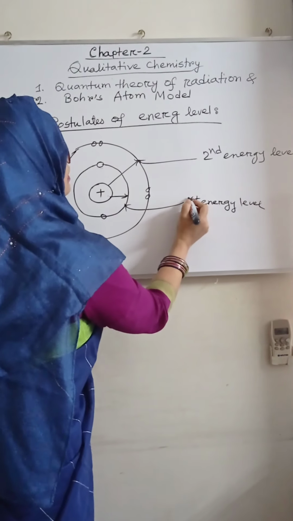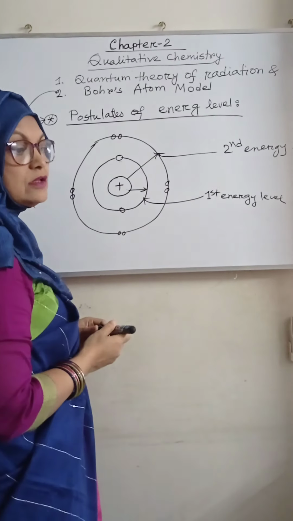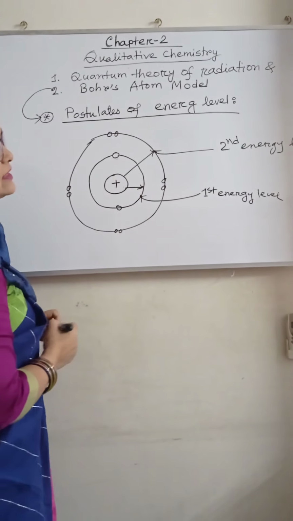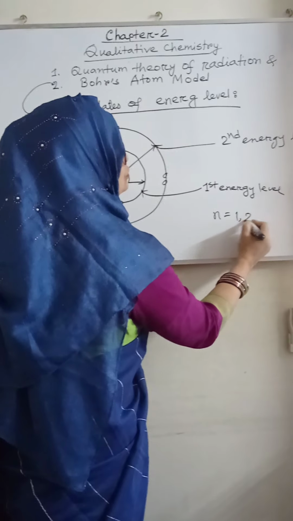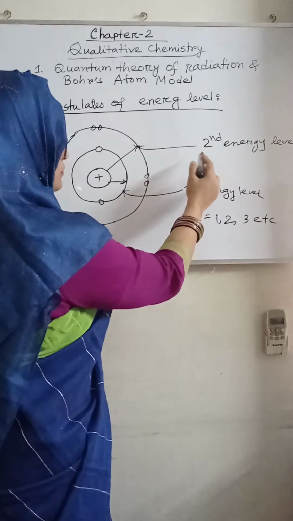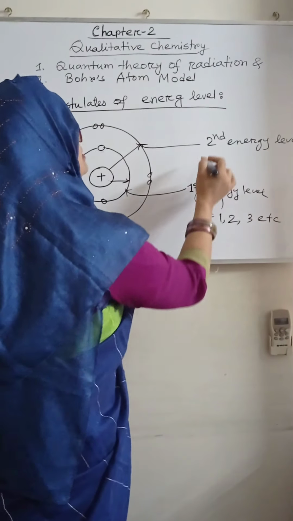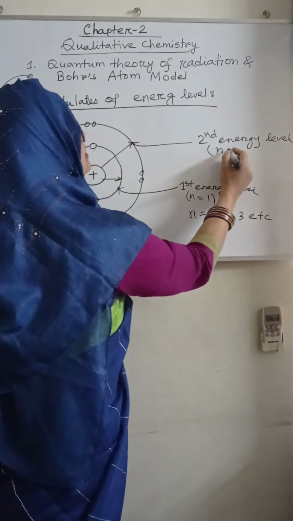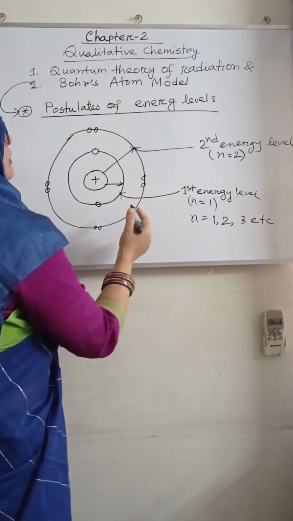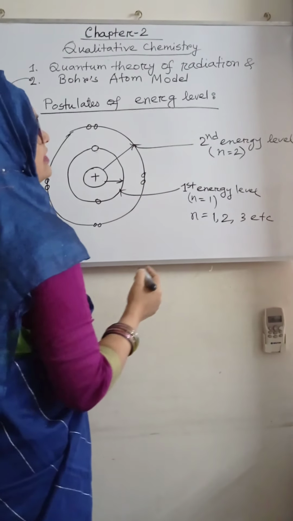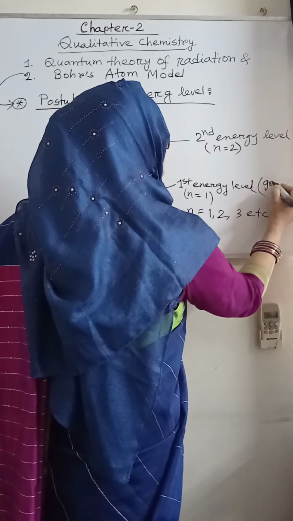And the number which represents the energy level is called the principal quantum number, and it is represented by n, and the value of n is 1, 2, 3, etc. Look at the figure, please. For the first energy level, the value of n is 1, and for the second energy level, the value of n equals 2. And the first energy level has another name, which is ground state.